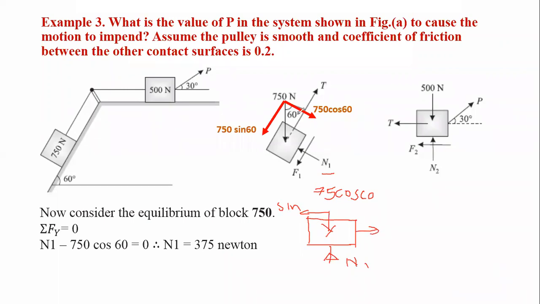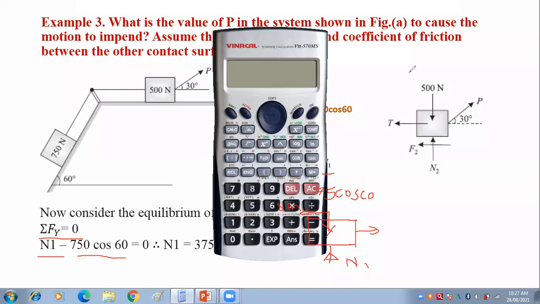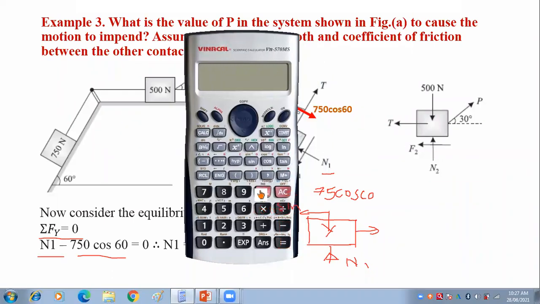Instead of considering this incline, let us assume that the block is in horizontal position. That's why summation Fy: N1 force is going vertically upward, and this resolved component 750 cos 60 is going vertically downward. Now if you solve this, let us check it out.